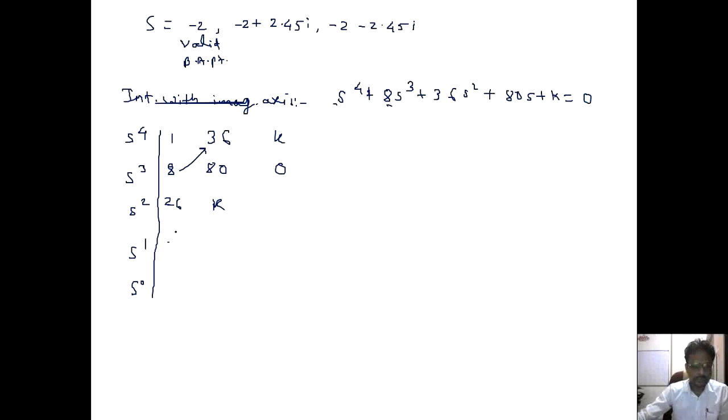Next, 26 into 80 minus 8 into k divided by 26. So 26 into 80 gives us 2080. So 2080 minus 8k divided by 26. Here 26 into 0 minus 8 into 0 divided by 26, so 0.